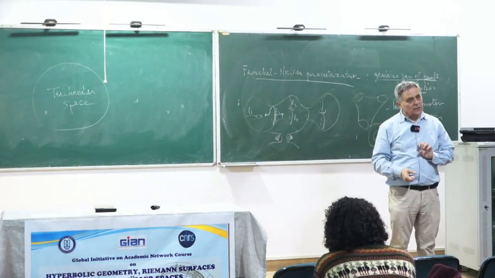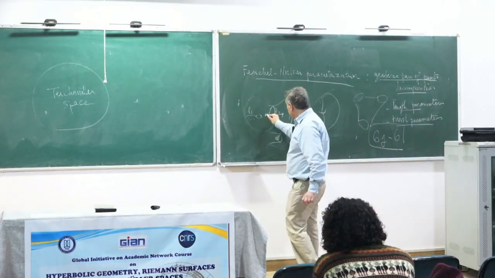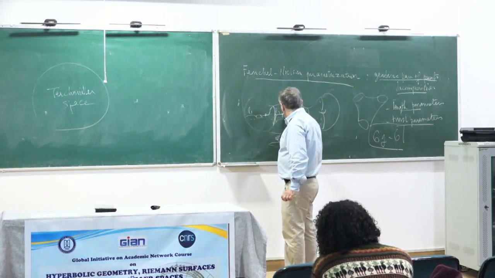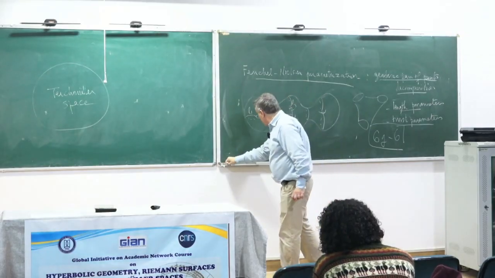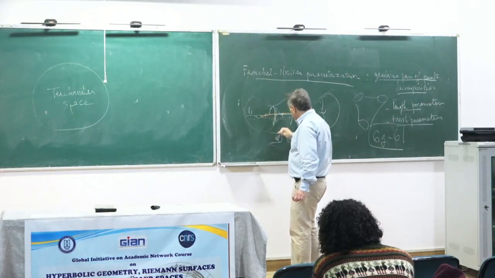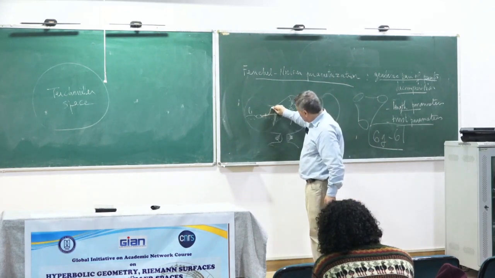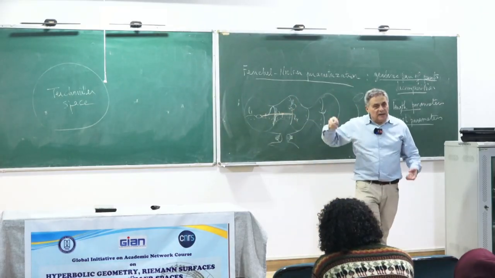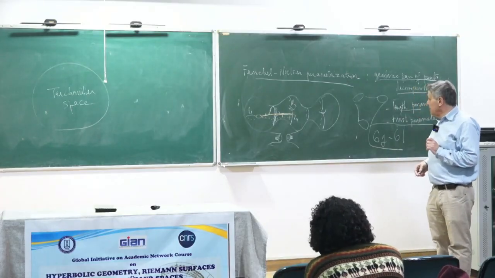The homotopy class of this initial closed curve, suppose initially I have a closed curve like this. After I do the full twist, the new homotopy class is this one in white. So the marking has changed. So these are different points in Teichmüller space.